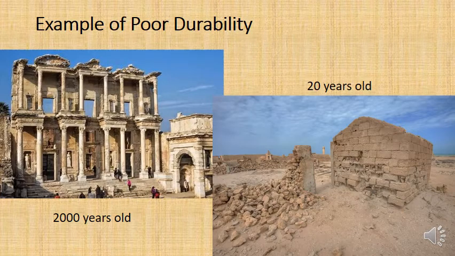And here's an example of low durability. Again, this is a photo in Tikrit, and you can see in the bottom right hand corner, on the outskirts of Tikrit in Iraq, that they've built a small building using concrete breeze blocks.